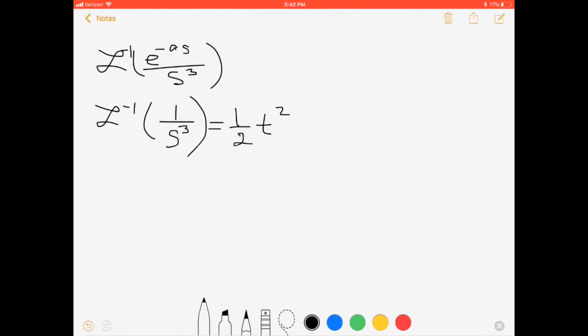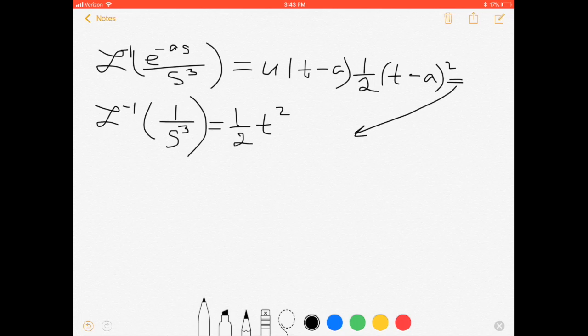We have this function as u(t minus a) times one half (t minus a) squared.